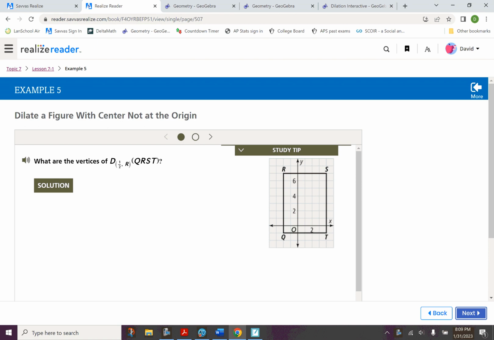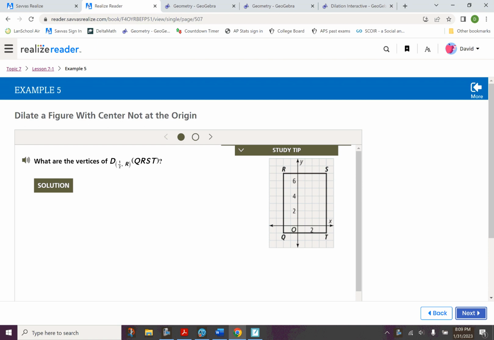We're going to move it from the origin and use a vertex. For QRST, can we agree from the coordinates it's a rectangle? We're going to use one vertex of the rectangle as the center of dilation, and our scale factor here is going to be 1/2.